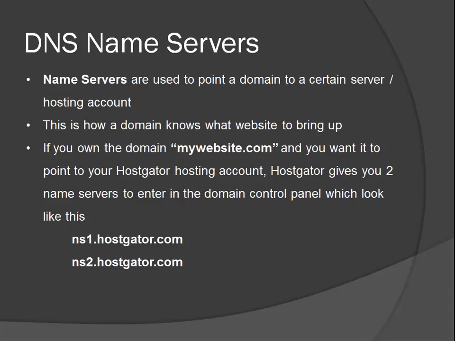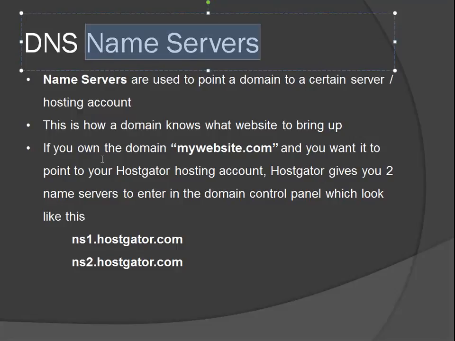Alright, so DNS Name Servers. This is how you can buy a domain, let's say from GoDaddy, but you want it pointed to your hosting account with HostGator. Well, you can do that by logging into the domain control panel and looking for the option to add your own name servers, or to change the name servers.